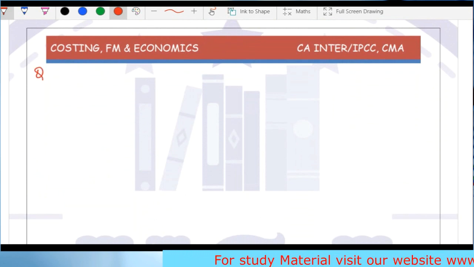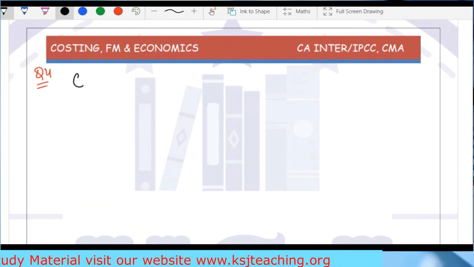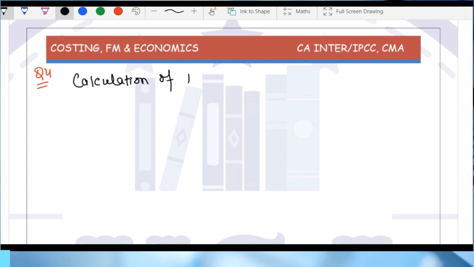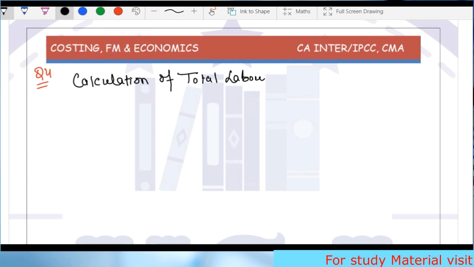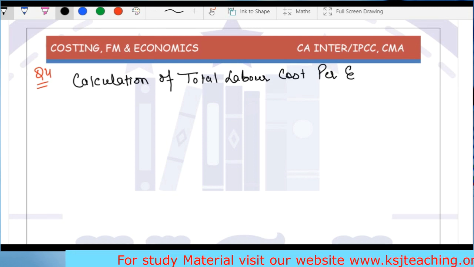Question number 4. Calculation of total labor cost per employee.